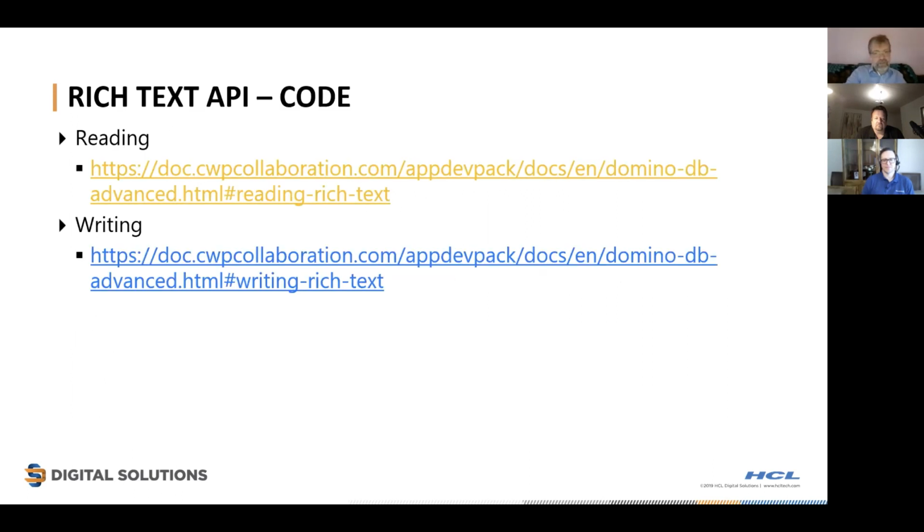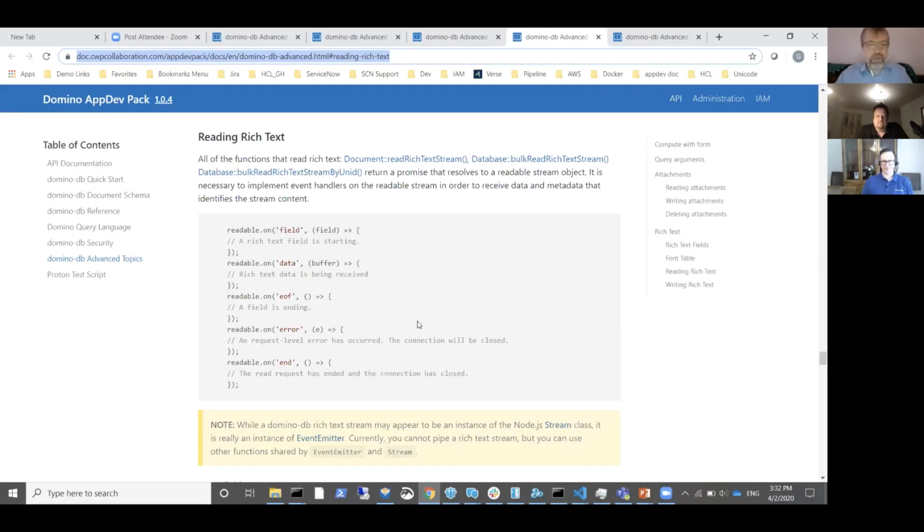So just to give you a quick look at the code, because I like looking at code. All right, so this is what the reading rich text APIs look like. There are 3 of them for reading, and 2 of them for writing. Essentially, one hangs off the document object, and the other 2 hang off the database object.